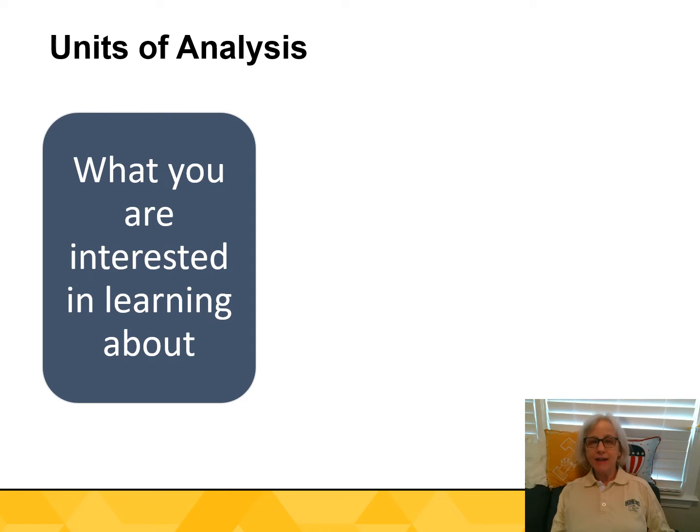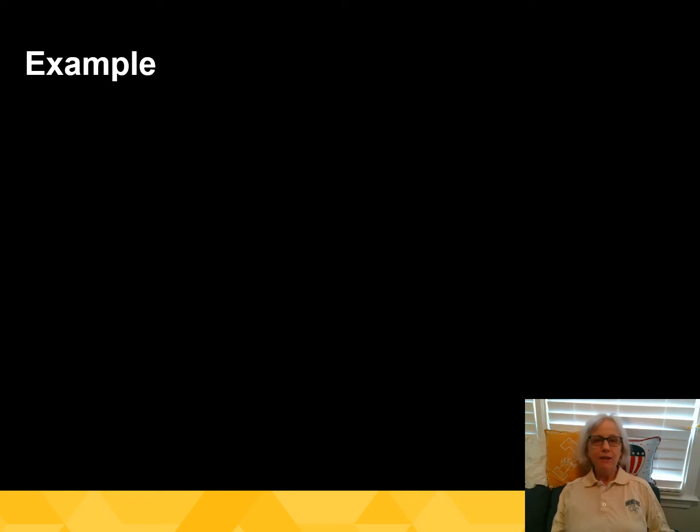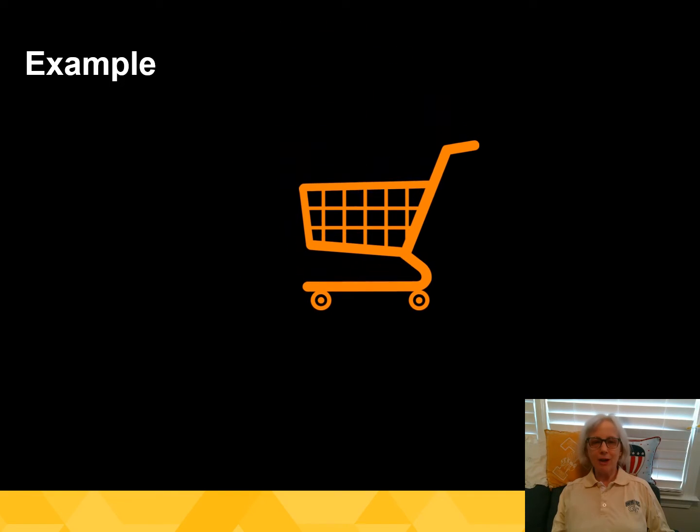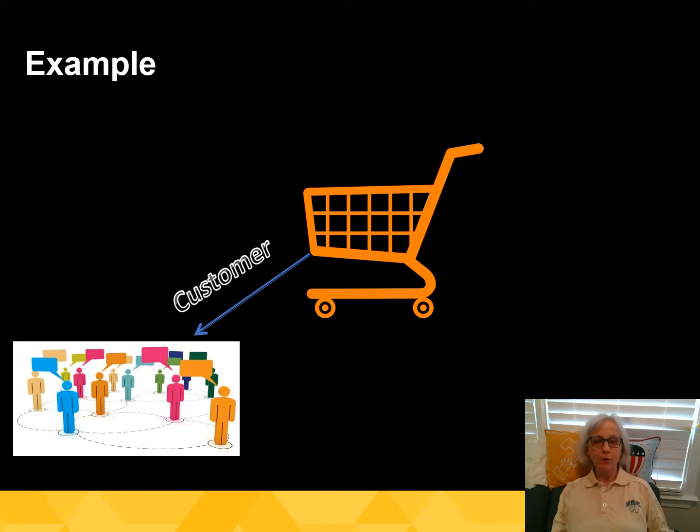The units of analysis are what you're interested in learning about. They may be at the individual, group, or organizational level. For instance, here is a shopping cart. We want to know about the customer and what they want to buy.